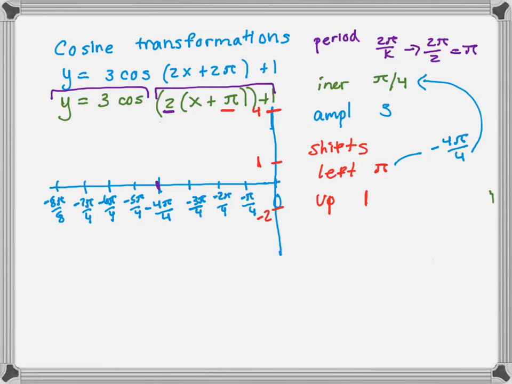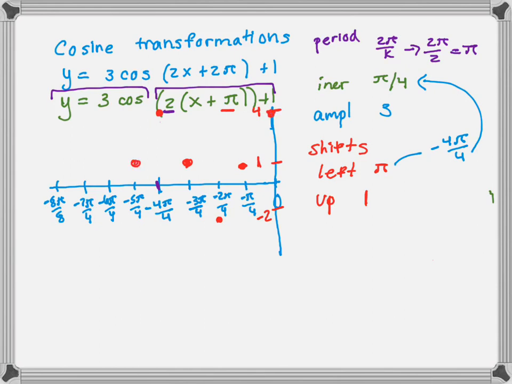Okay, so now we're going to, because it's a cosine graph, we're going to start at our max. And then we're going to go down to our 0, which is going to be at 1. And then we're going to go all the way down to our min. And then we're going to go back up to our 0. And then finally we're going to go back up to our 4.